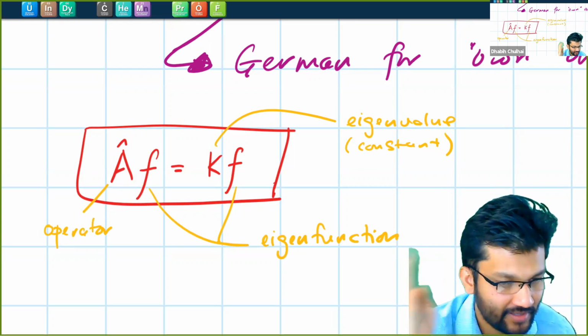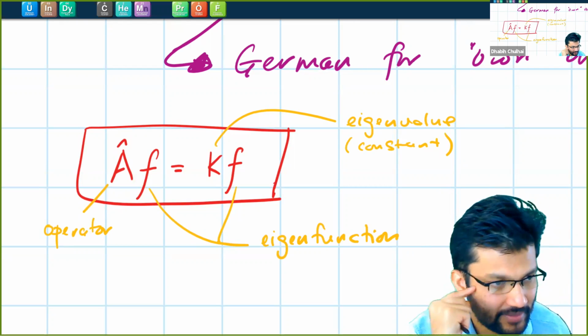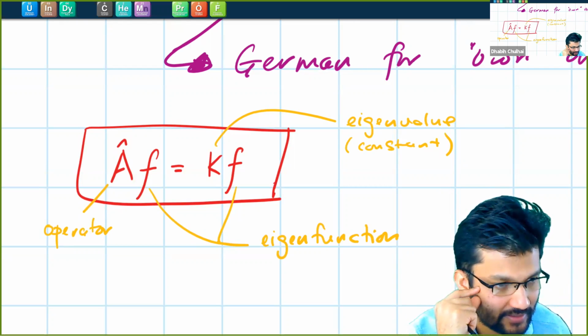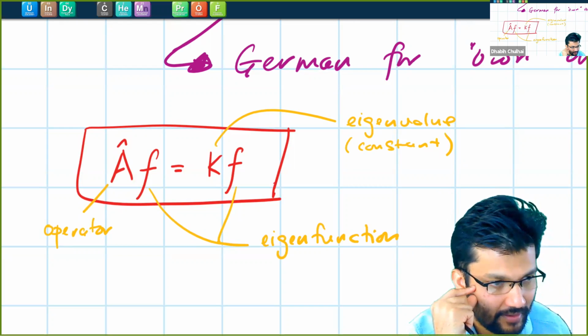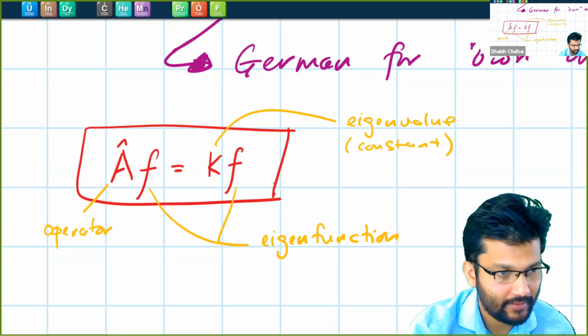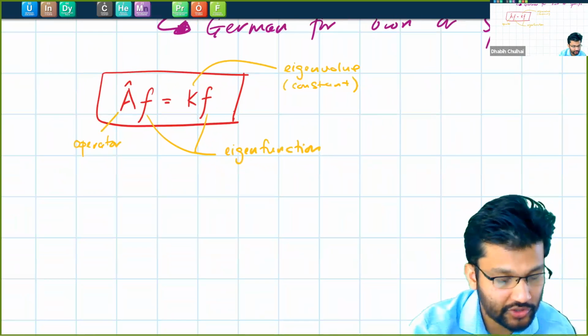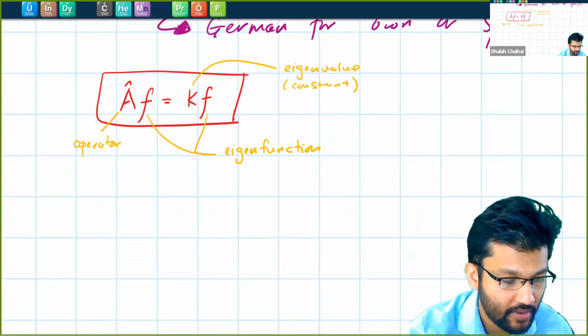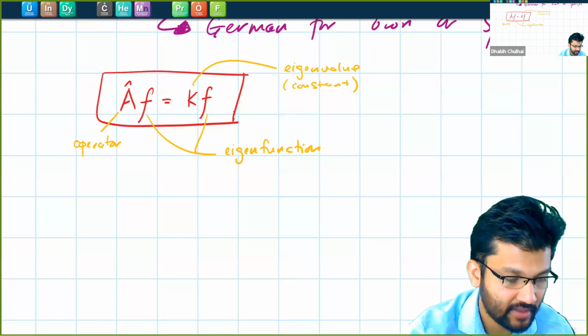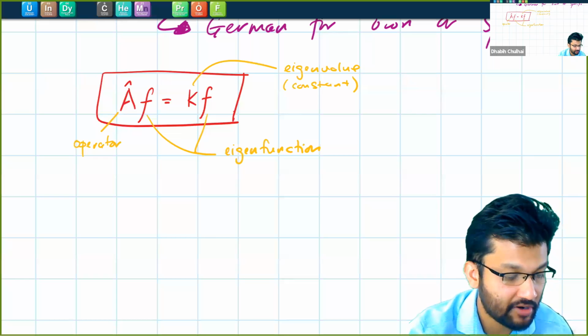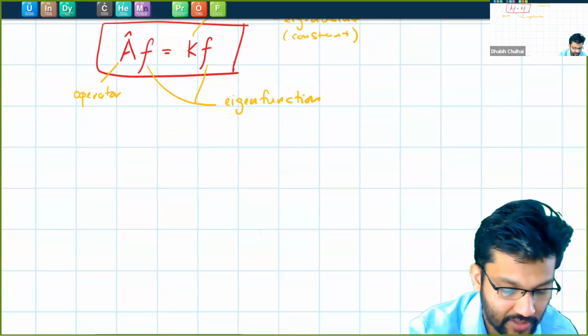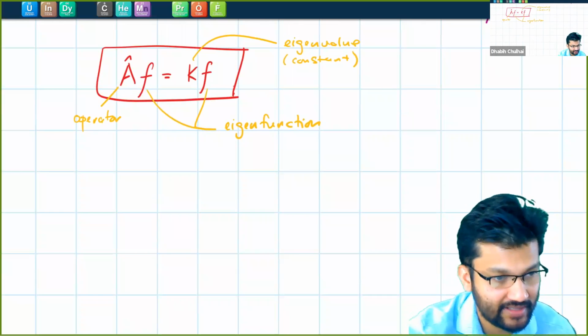I know I'm throwing a lot of new stuff at you right now, so please ask questions. All right, hearing none. The other thing that I introduced in the second postulate, remember, was that operators that correspond to observables must be Hermitian, right? And you're probably wondering what this Hermitian thing is.